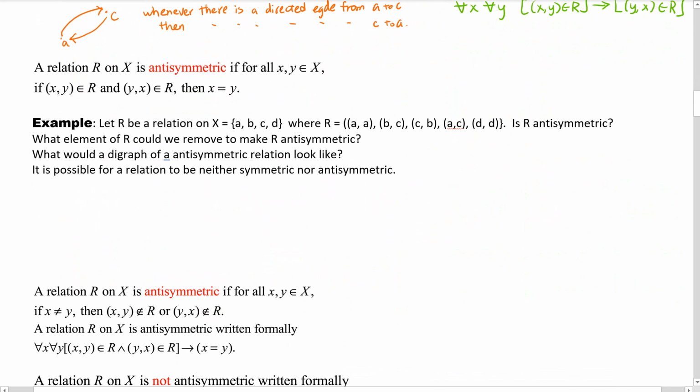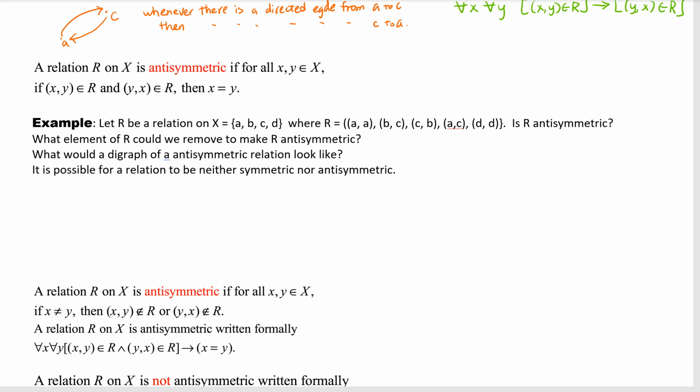A relation R on X is anti-symmetric if for all x, y, if xy is in R and yx is in R, then x equals y. Let's see an example. Let R be a relation on the set X containing the elements A, B, C, D, where R equals AA, BC, CB, AC, BD.